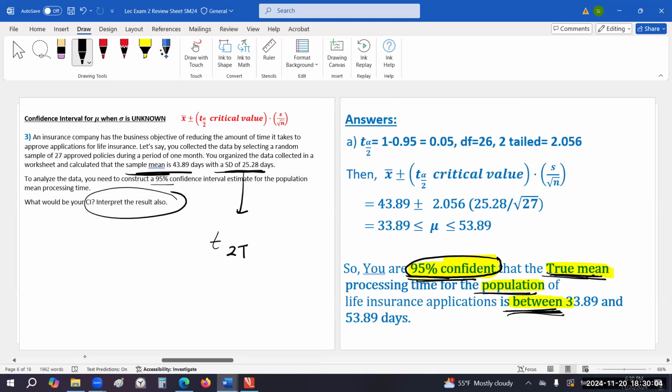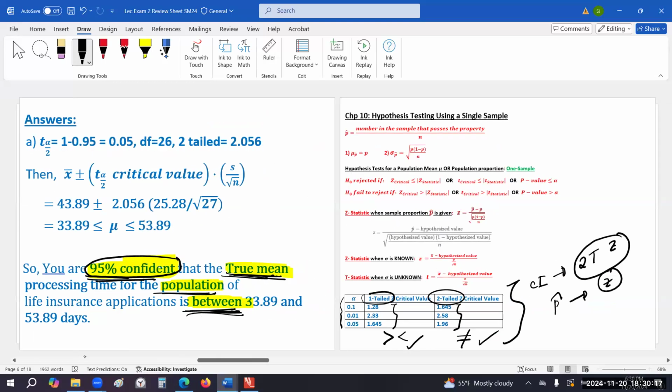So chapter 9, you're going to have two of these. One is either from T or Z, and one from the proportion. Then chapter 10, again, it has three scenarios, either proportion, Z or T, but this time you're doing a hypothesis test. But it follows the same rule.